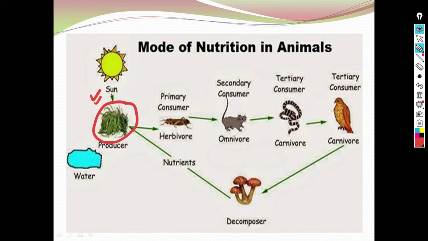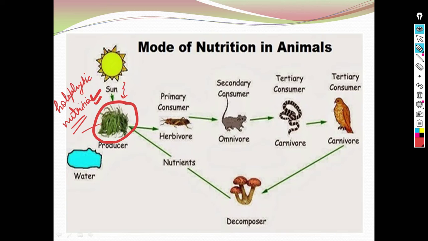So what happens here, the sunlight is available for the plant, and these plants do holophytic nutrition.